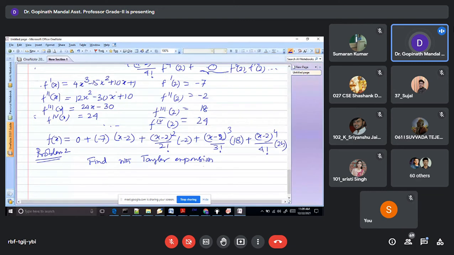Find the nth order Taylor expansion of ln(1 plus x) about x equal to 0, for x belonging to minus 1 to 1.